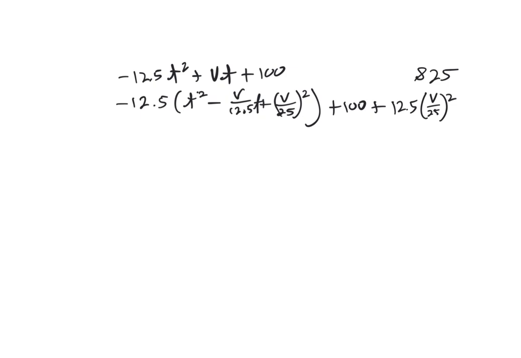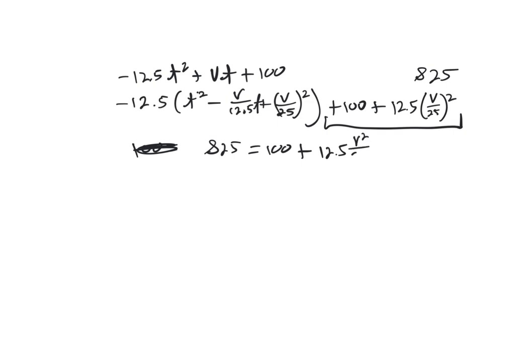This part here is the y value of the vertex, and that has to equal 825. So we have 825 is equal to 100 plus 12.5 times v squared over 625, which is 25 squared.